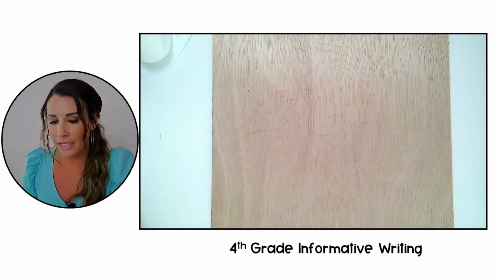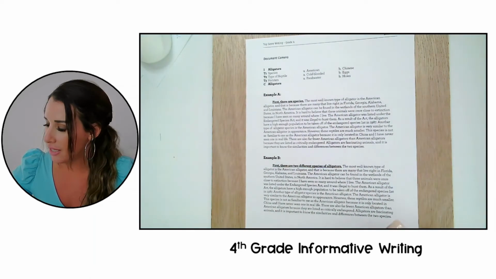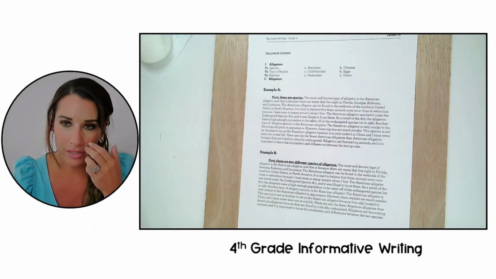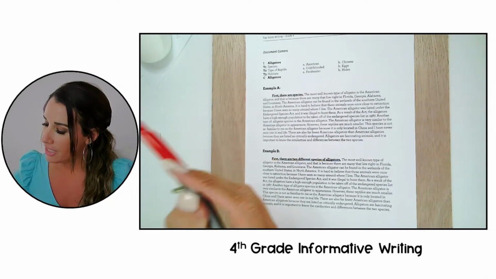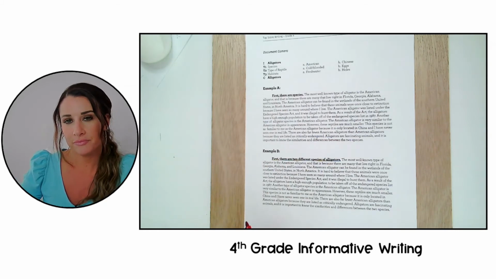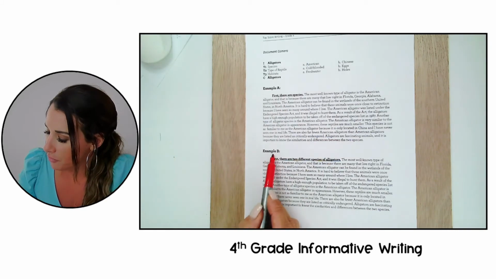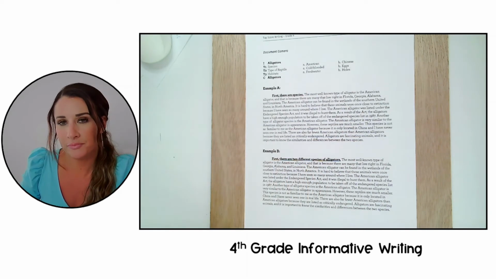All right, let's take a look here. I have my planning done. It's still on topic one, species. I want you to take a look at example A. Example A says, "First, there are species." And then example B says, "First, there are two different species of alligators."